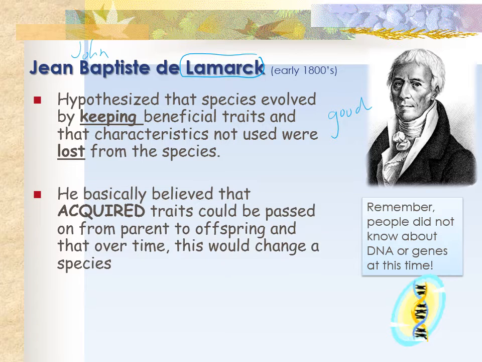So he basically believed that acquired traits could be passed on from parent to offspring, and that over time, this would change a species. Eventually, unused traits would leave the organism.